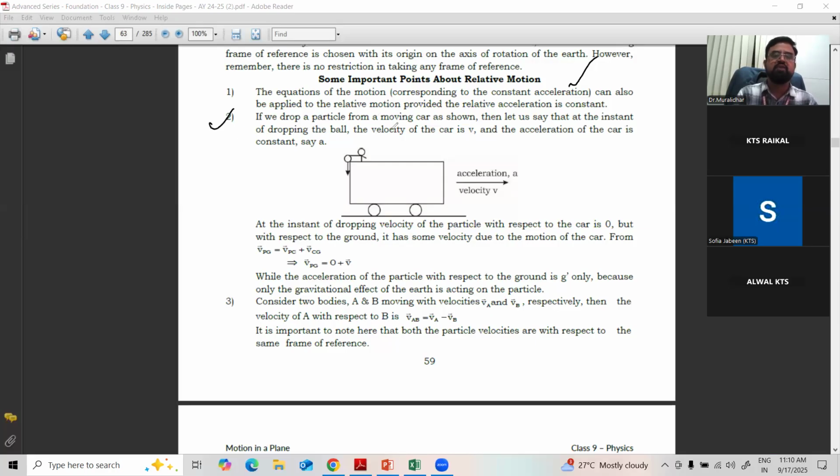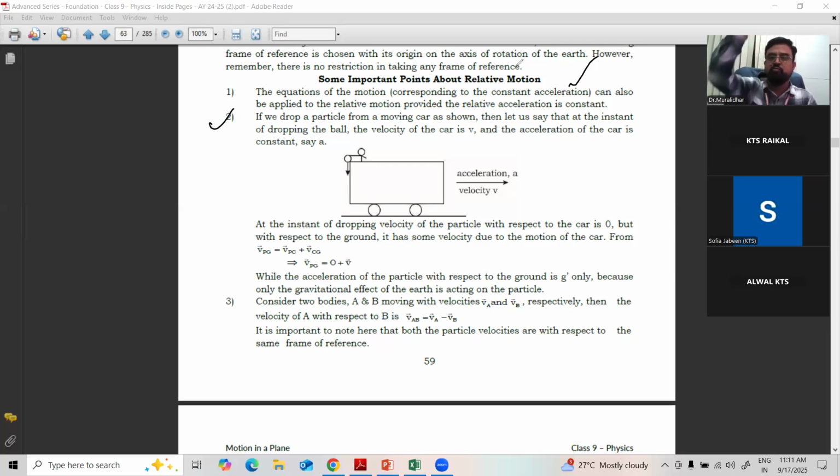So for example, when a car is moving on the road and you are on top, traveling by some aeroplane, when you drop anything from the top, that body should fall on the vehicle on the ground. For that, you need to apply relative velocity.